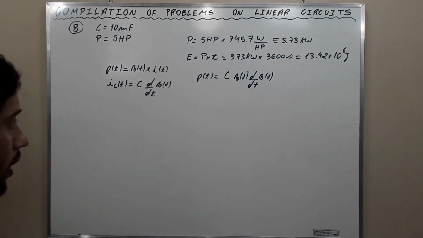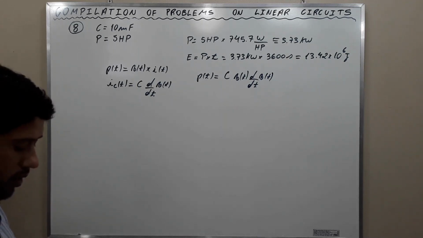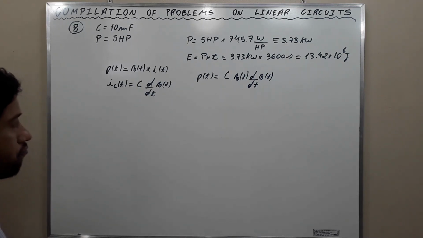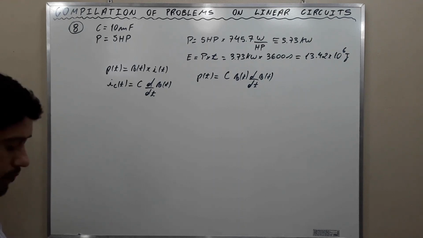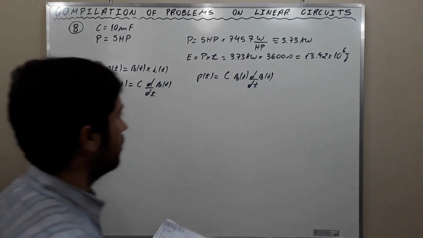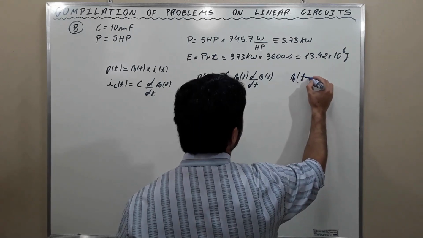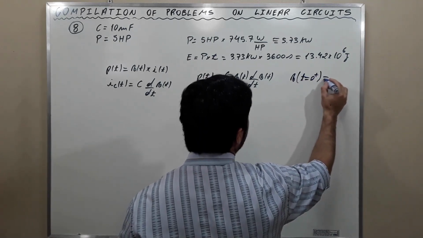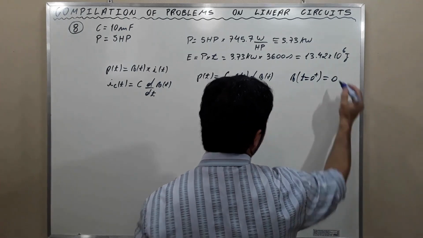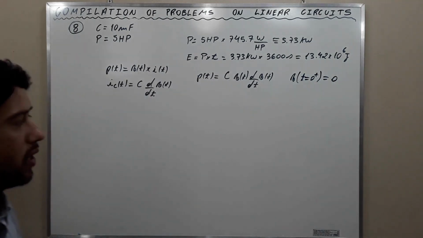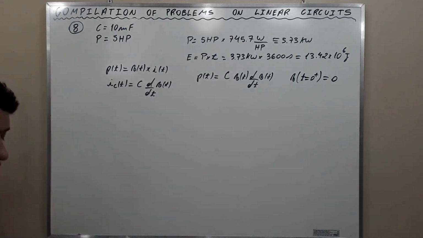Alright? If the capacitor is initially discharged, okay, V of t equal to 0 plus is equal to 0. We are assuming that the capacitor is initially discharged.